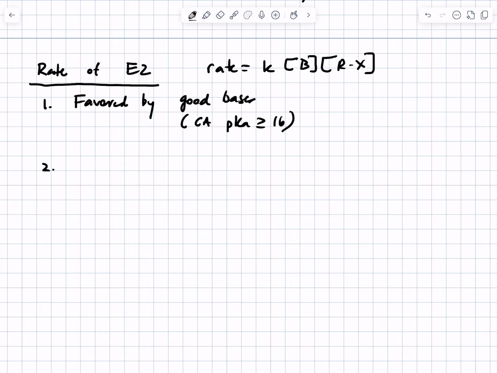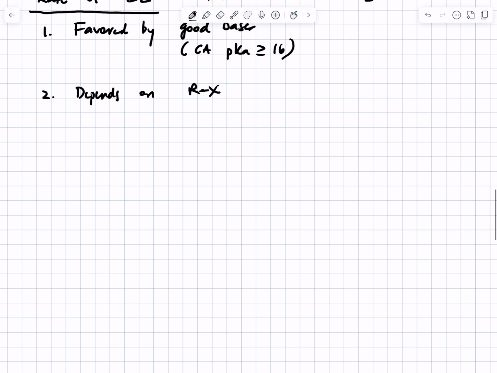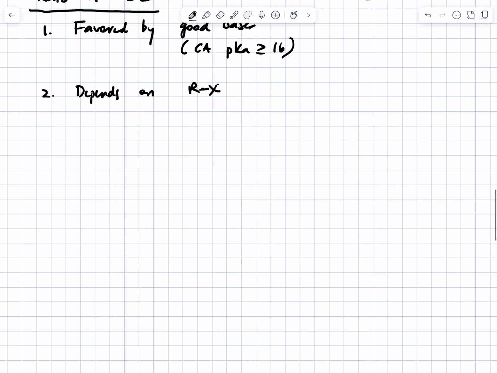The second thing is the rate depends on the structure of the molecule that has the leaving group. You're going to see that the rate dependence on the structure of the alkyl halide, or the molecule with the leaving group, is backwards from what you expect for SN2. So there are a couple of issues.